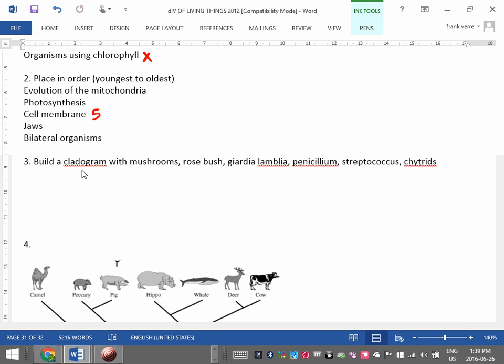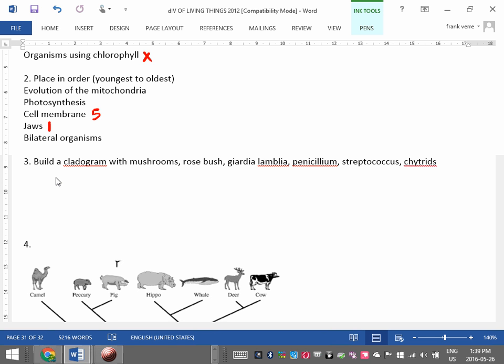Yes. How do you know that jaws are younger than bilateral organisms? Because remember we talked about, just do a thought experiment in your head. If there are more kinds of things that have a characteristic, it's older. So, are there more kinds of things that are bilateral, or are there more kinds of things that are jawed animals?